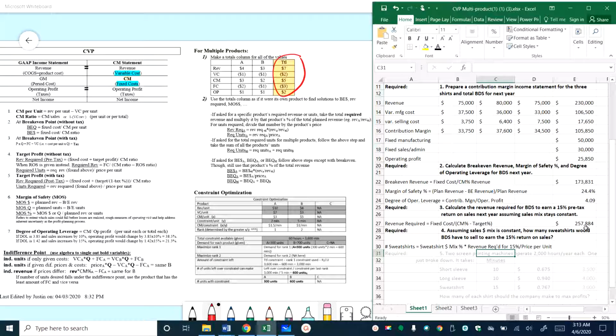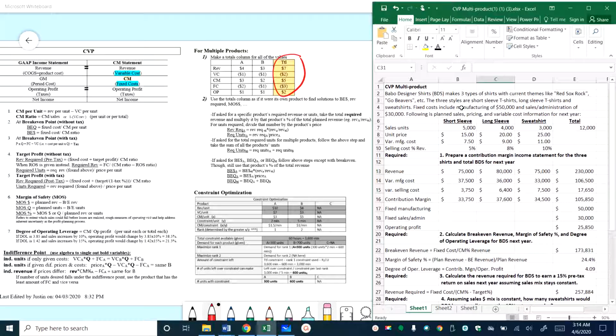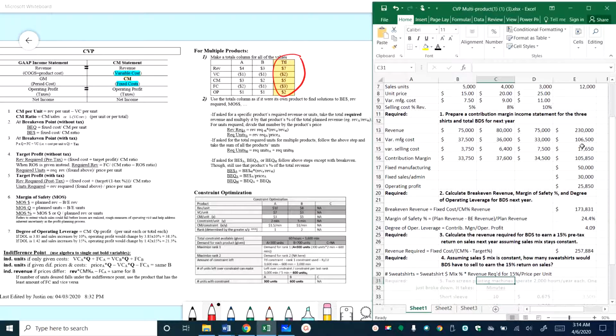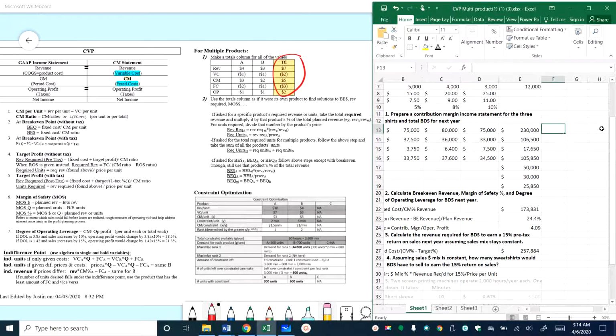So we know that we needed to make $257,884 in revenue in order to hit that return on sales. And if we know that sweatshirts account for 75 thousand of the $230,000 in total revenue, then we know that sweatshirts account for 75 divided by 230, around 32%.